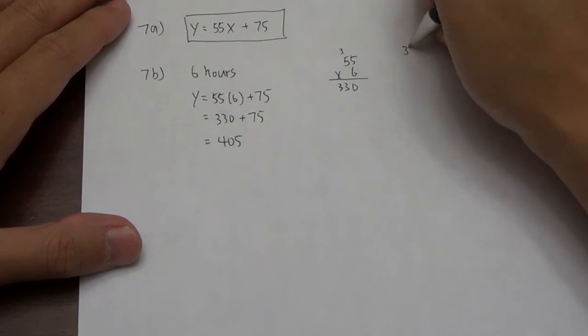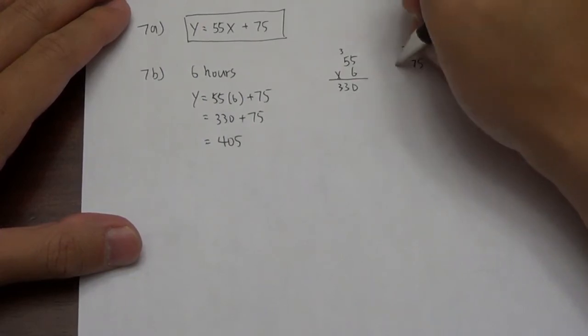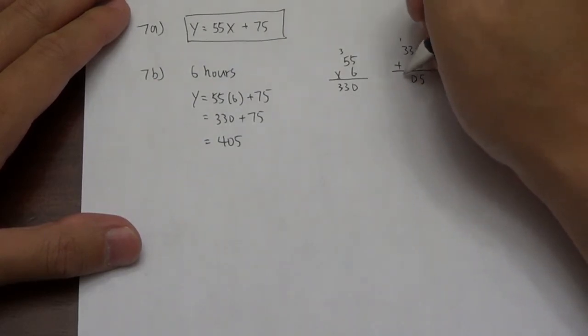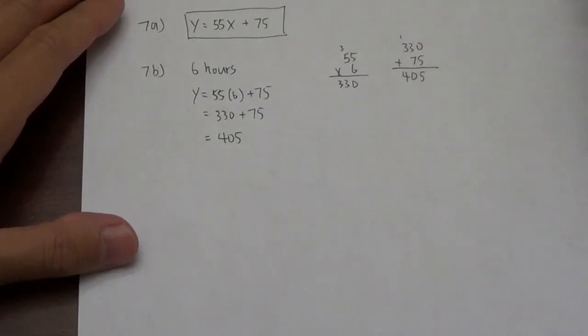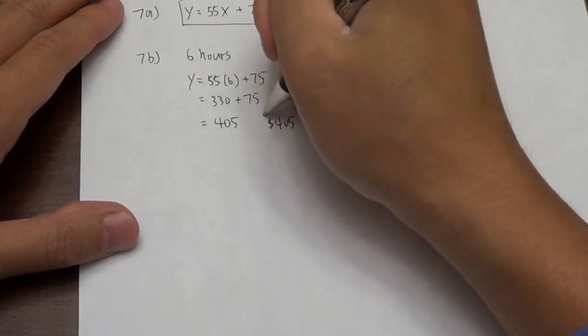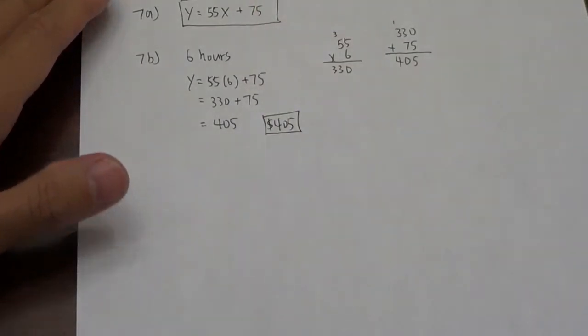If that's not clear, you can add them up here. 0 plus 5 is 5. 3 plus 7 is 10, carry the 1, 1 plus 3 is 4. So $405 is your answer.